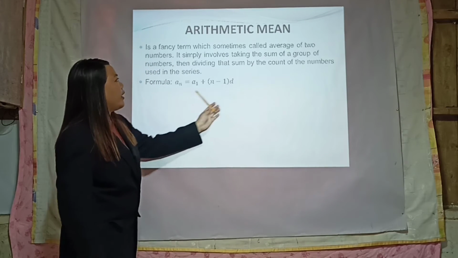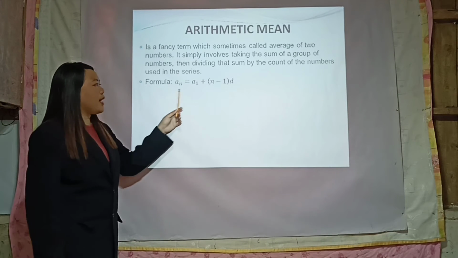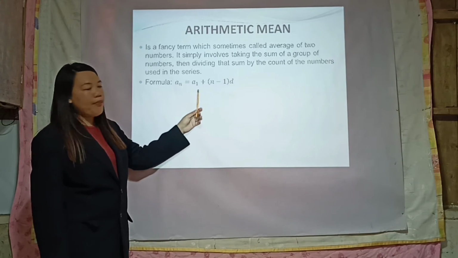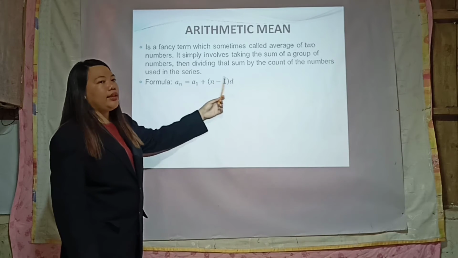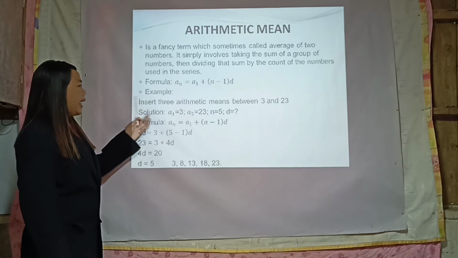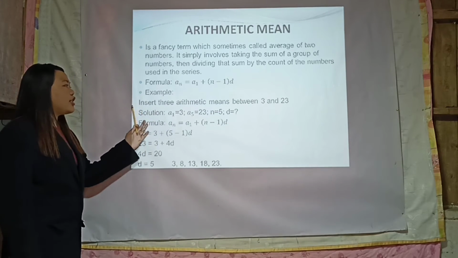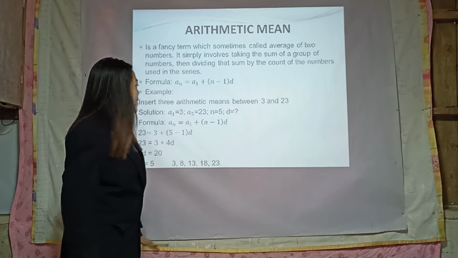So this would be the formula: a sub n is equal to a sub 1 plus the quantity of n minus 1 times d, which is the common difference. So example, insert 3 arithmetic means between 3 and 23.